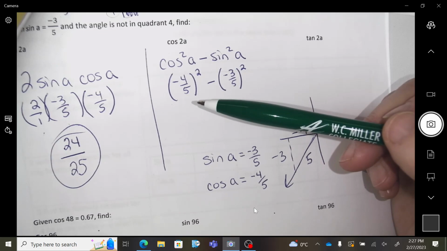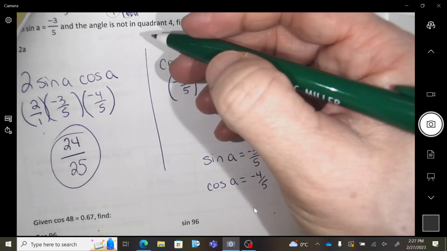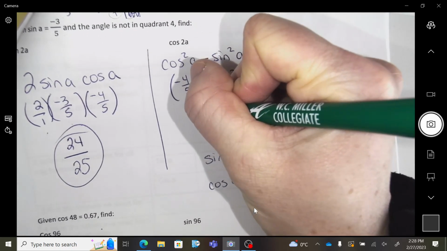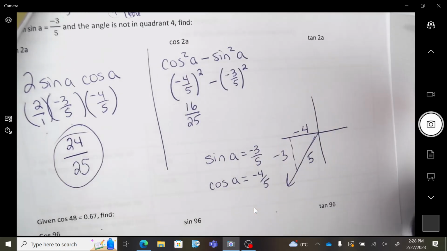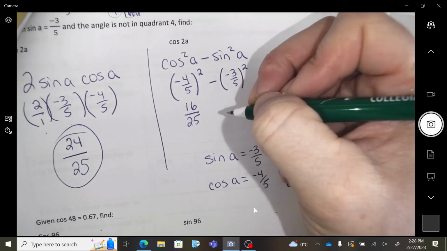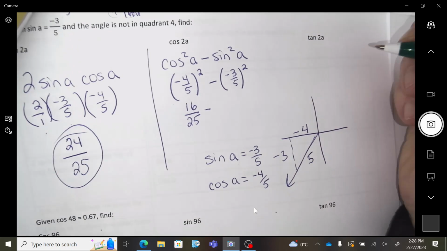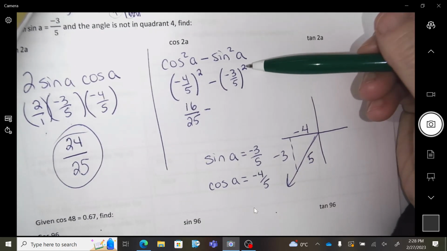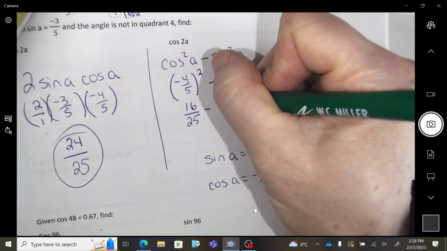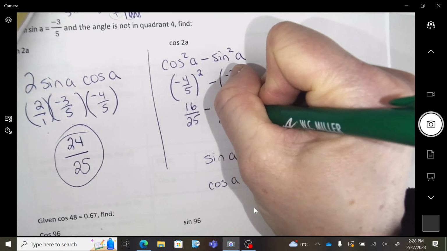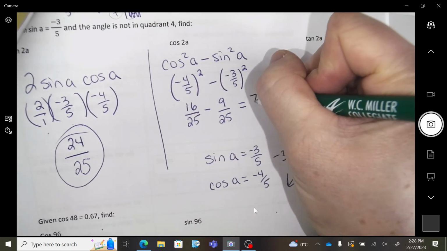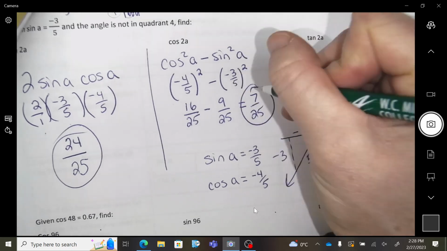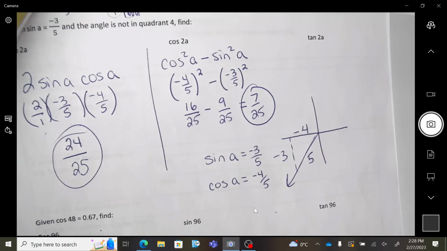Everything will turn positive no matter what you square. It's positive. So 16 over 25. Subtract, then this would turn to a positive 9. So your trig value is 7/25.